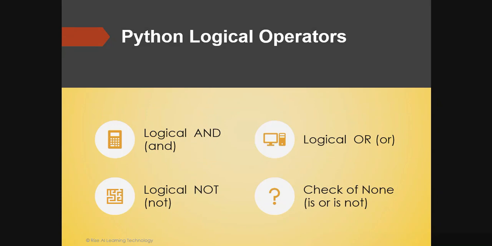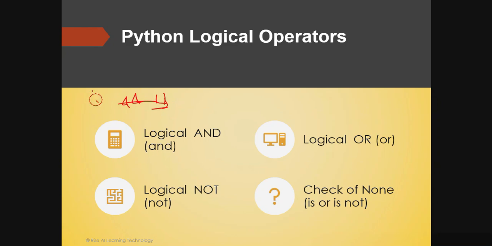Python also has some logical operators, right? So what are those logical operators? In a language like C, we use ampersand and the or symbol, but here in Python we do not use those.